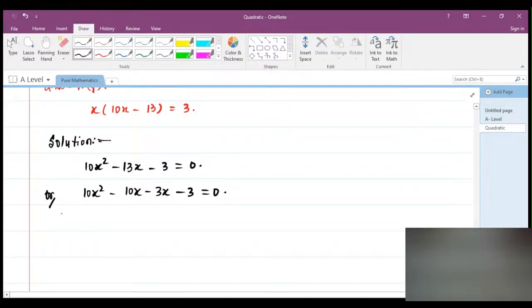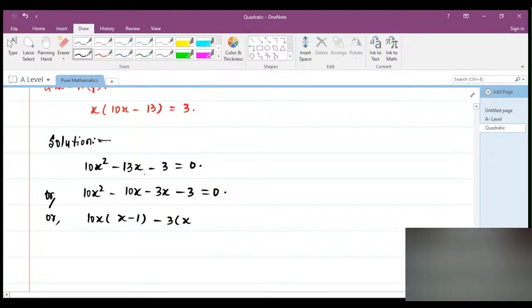Hope that there is no problem to understand this step. Now we take 10x as the common, then we get x minus 1, minus we take 3 as the common, then we get x.